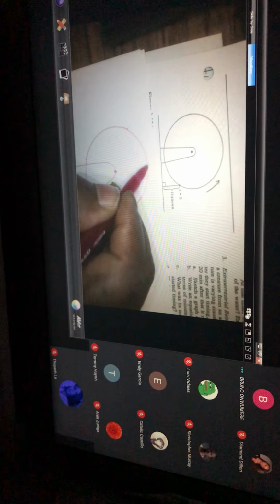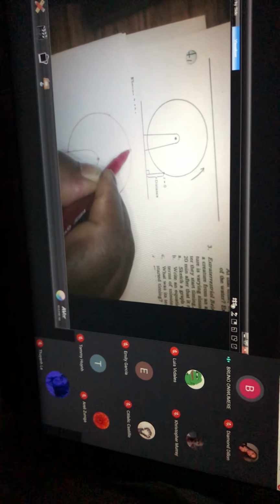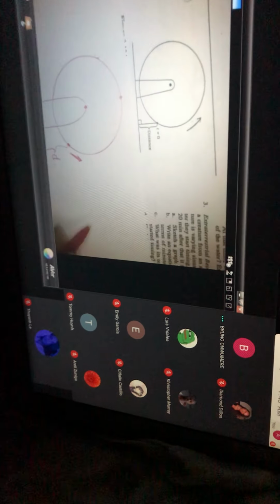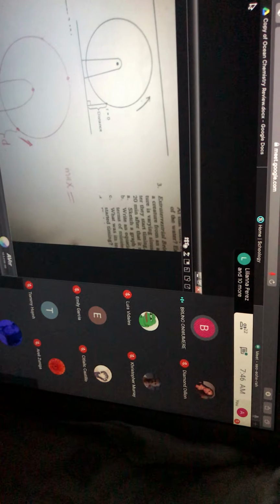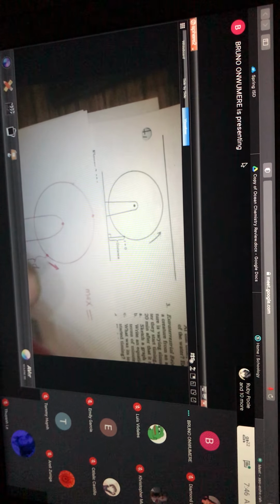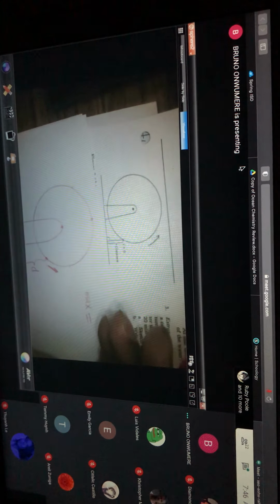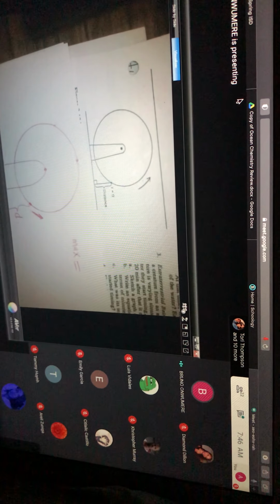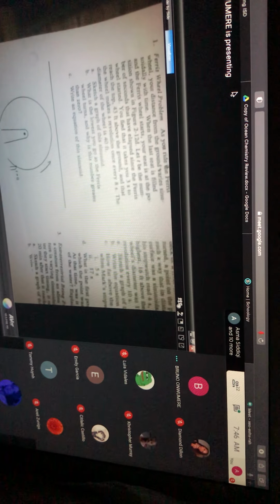But the maximum height you can reach is what? According to this, what is the maximum height you can reach? Okay, let me read it again. It says, when the last seat is filled and the Ferris wheel starts, your seat is at the position shown. Let me read it again and show you.